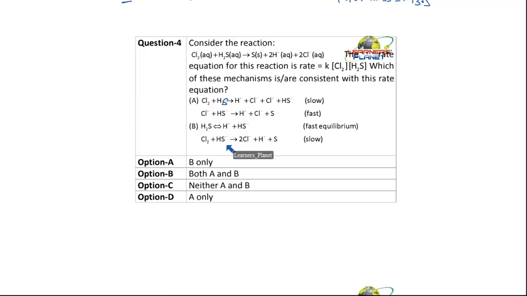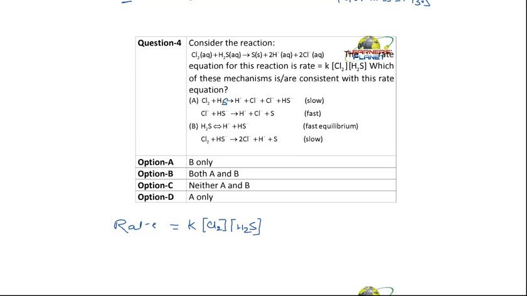Now students, what will be the rate is given over here. The equation for this reaction is rate is equal to k[Cl2][H2S]. It means in the rate equation, what is there? There is the concentration of Cl2 and H2S.